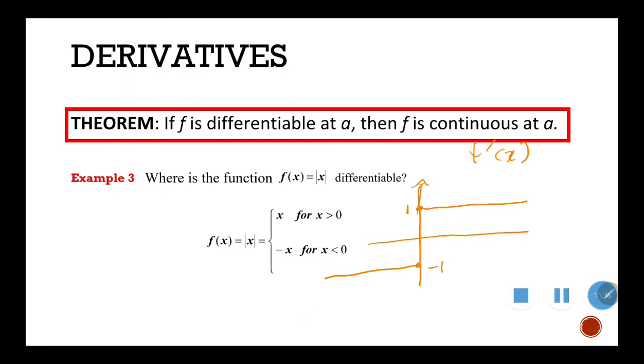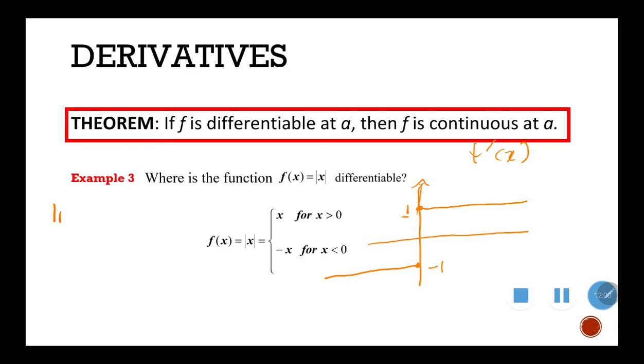Okay, so what does it mean here? Is the limit of f prime x from the right hand side and left hand side the same value? No, because from the right hand side the value is 1 and from the left hand side the value is minus 1.